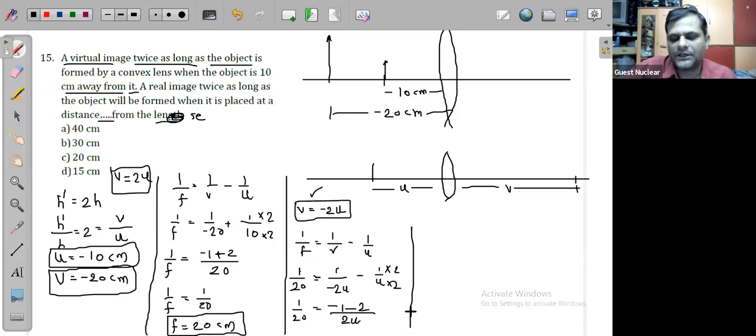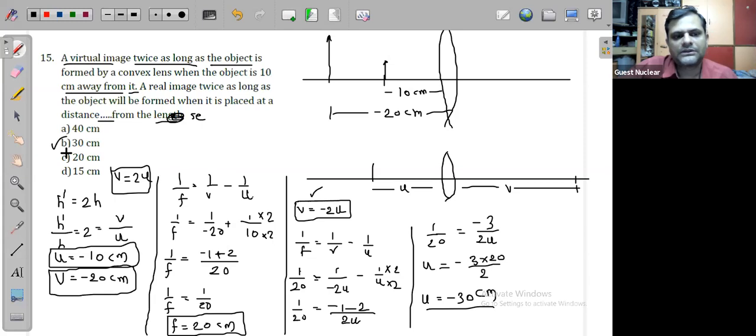Then we solve this further and get 1/20 equal to -3/2u, so that u becomes equal to... we have to find u, so we take u to the other side and send 20 to this side. This becomes -3 into 20, divided by 2, so that we get u is equal to -30 centimeter. The minus sign has to be there, so it's 30 centimeter. B is going to be the correct option.